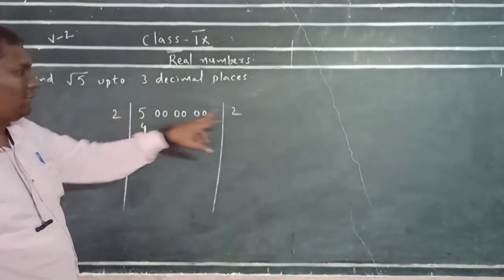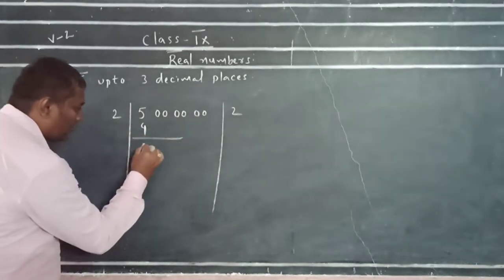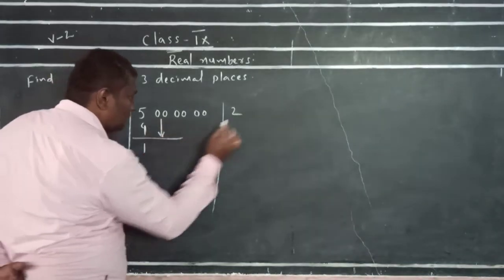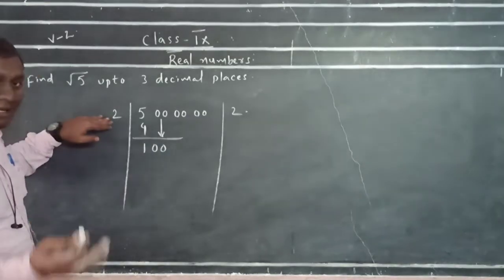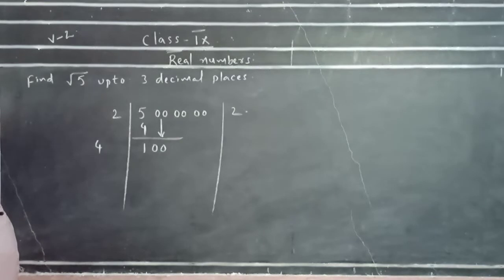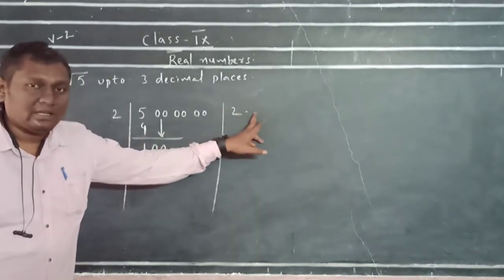That's why I am taking 2 twos 4. The remainder is 1. Take these values, and the 2 will be doubled. That is 4. Which number is taken? The same value we are taking here also.